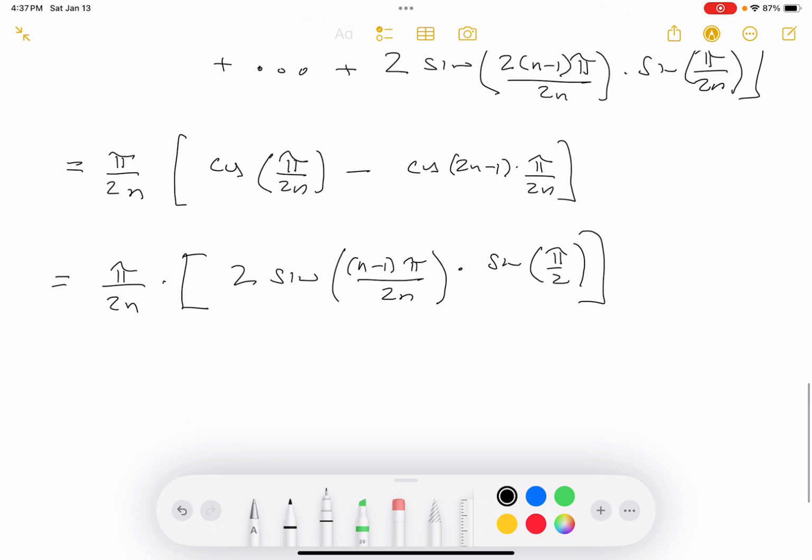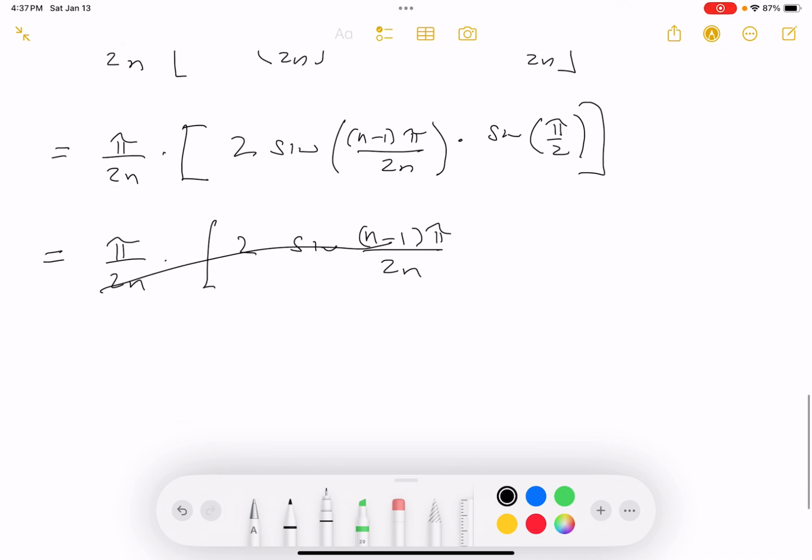Let's take a look. So I guess what I could do now is pi over 2n, and write that as 2 sine (n minus 1) pi over 2n. Oh no, I just did that. I'm going to do that again. Pi over n. These 2's cancel off, by the way.